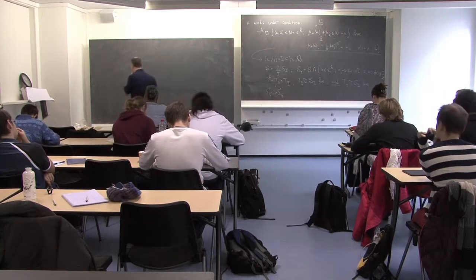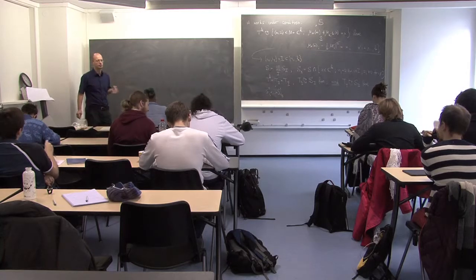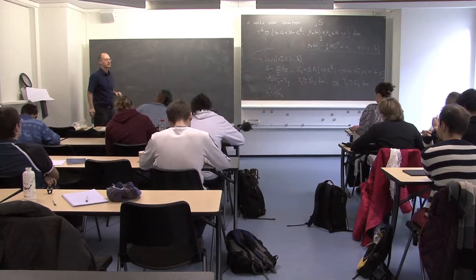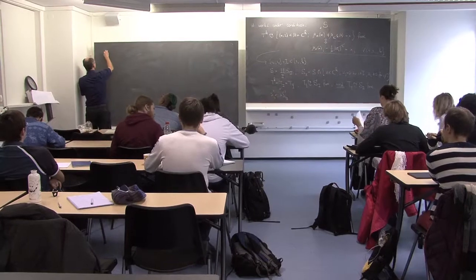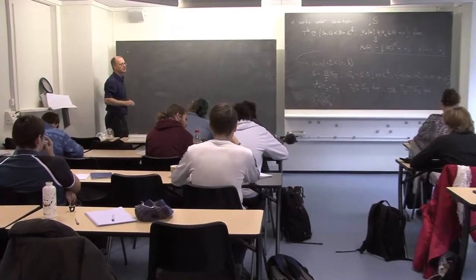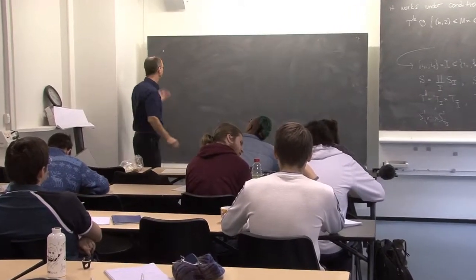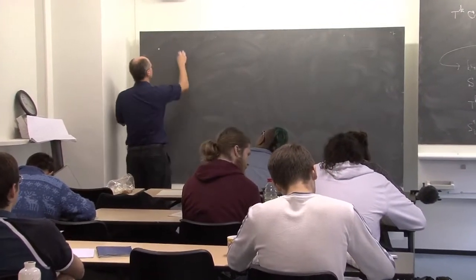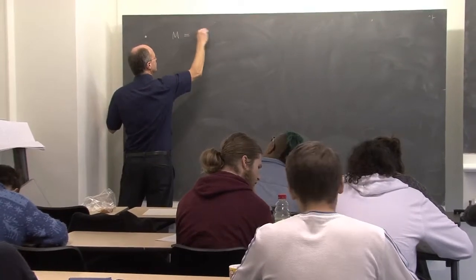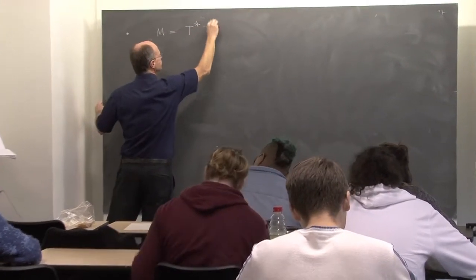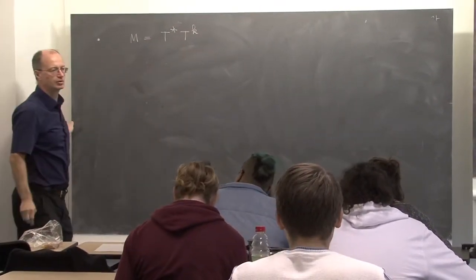And to prepare it, we need some manifold on which we're going to do symplectic cutting. So let's consider the following example of a Hamiltonian Tk space, which will be the cotangent bundle of the torus Tk.